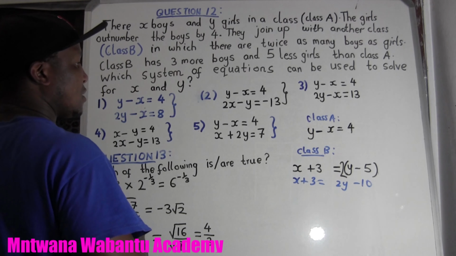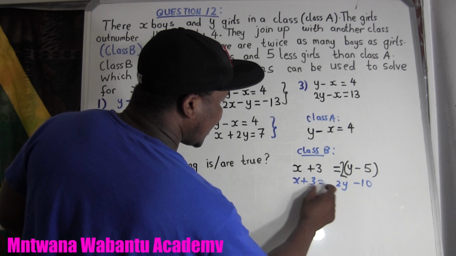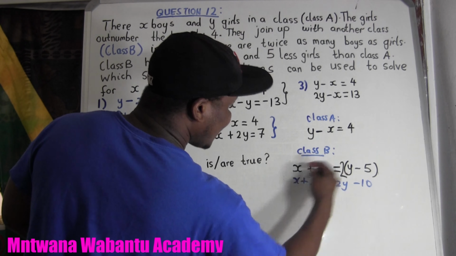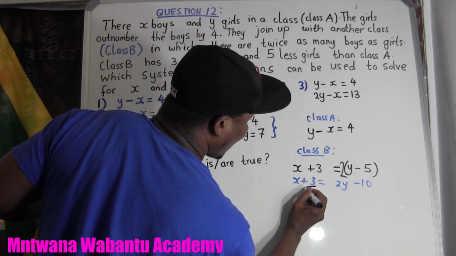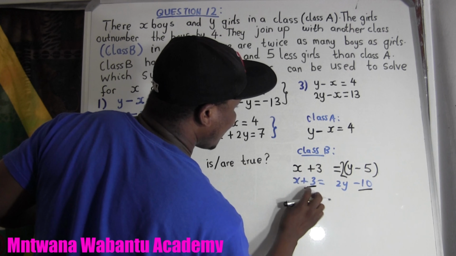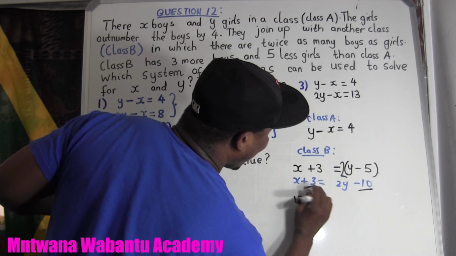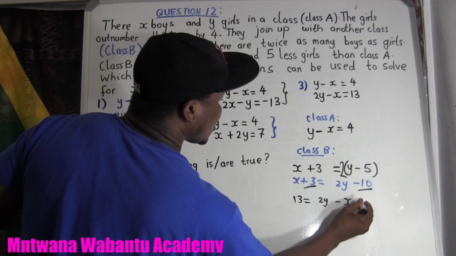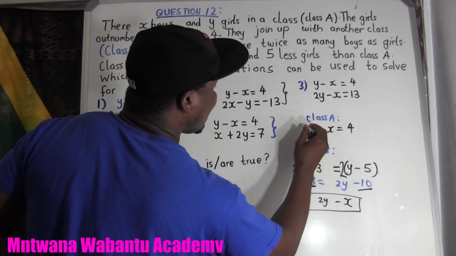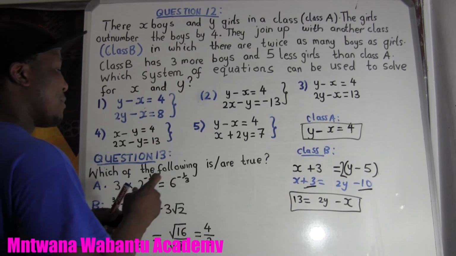So let's rearrange. I take X over, and the negative 10 comes over, so it's 3 plus 10, which is 13. Here we have 2Y, and X goes over as minus X. So this is one equation, and this is another equation. I can put them together.